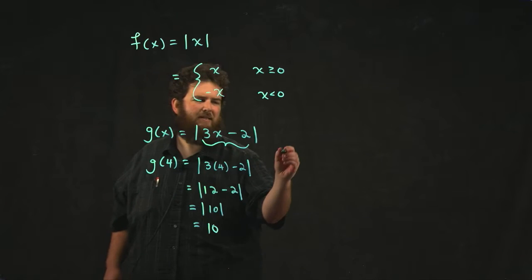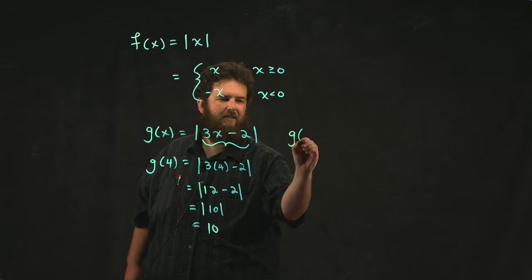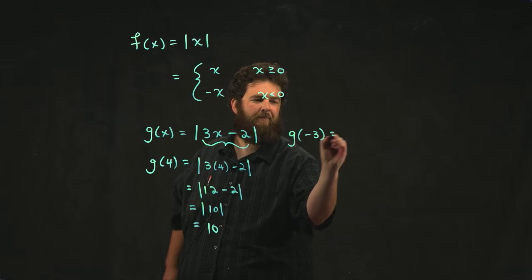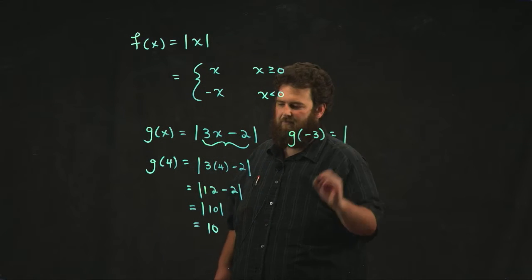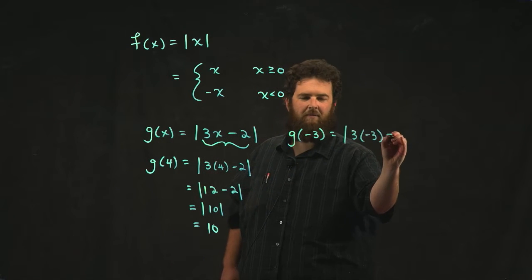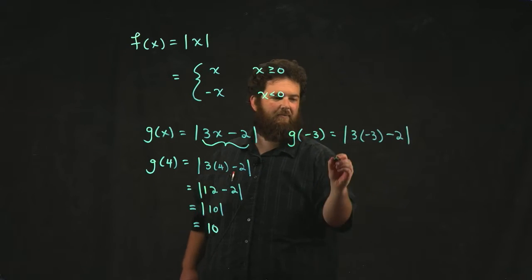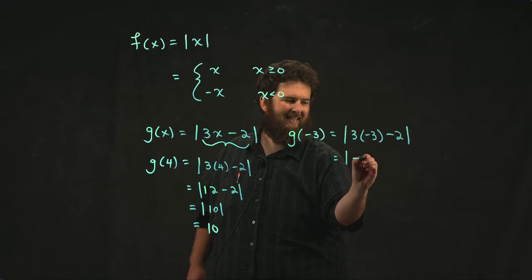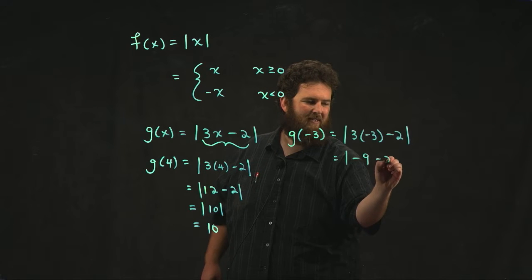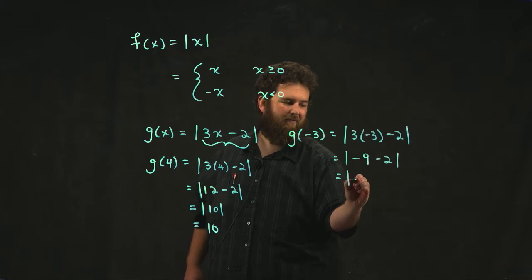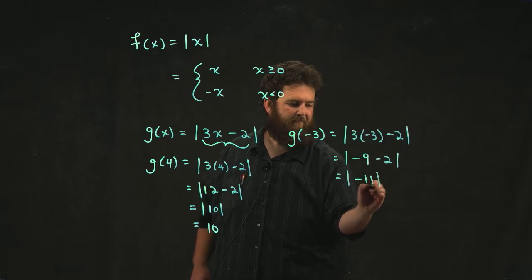Now, what if we want to find g of negative 3? Well, I'm going to put my absolute value bar here and say 3 times negative 3 minus 2 and close that absolute value bar. And that's going to be 3 times negative 3 is negative 9 minus 2. So we want to find the absolute value of negative 11.